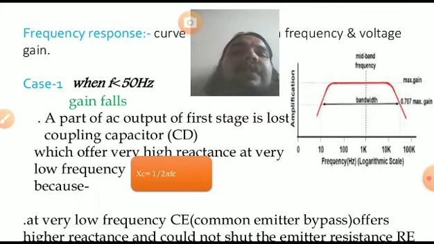A part of the AC output of the first stage is lost, because the coupling capacitor CC offers very high resistance at very low frequencies, since Xc equals 1 divided by 2 pi fC. At very low frequencies, the emitter bypass capacitor also offers high resistance and cannot shunt the emitter resistance RE.